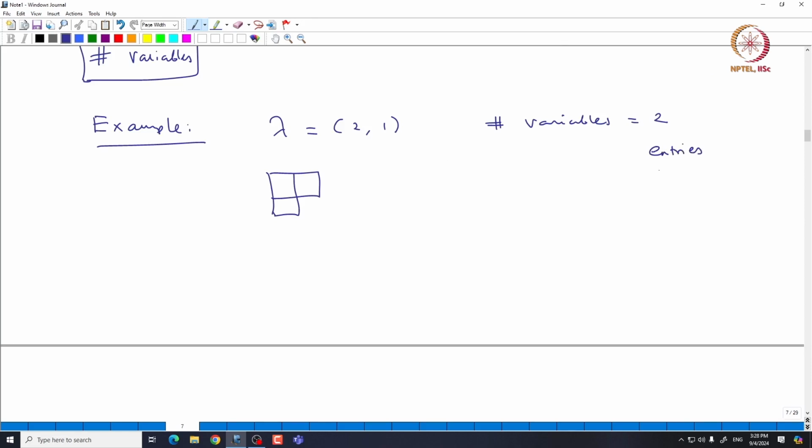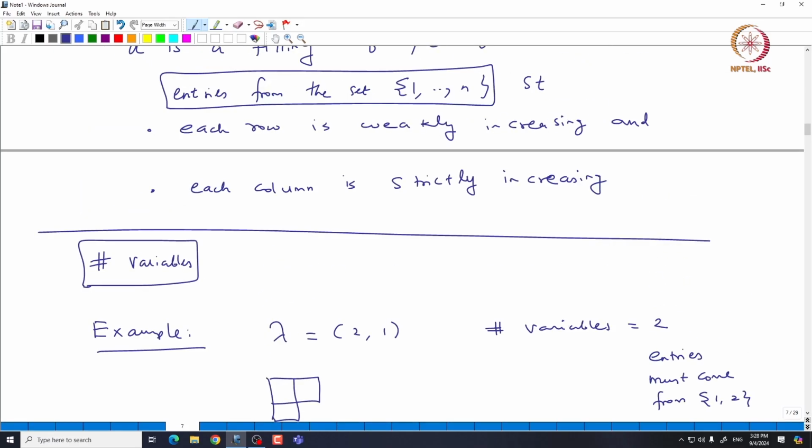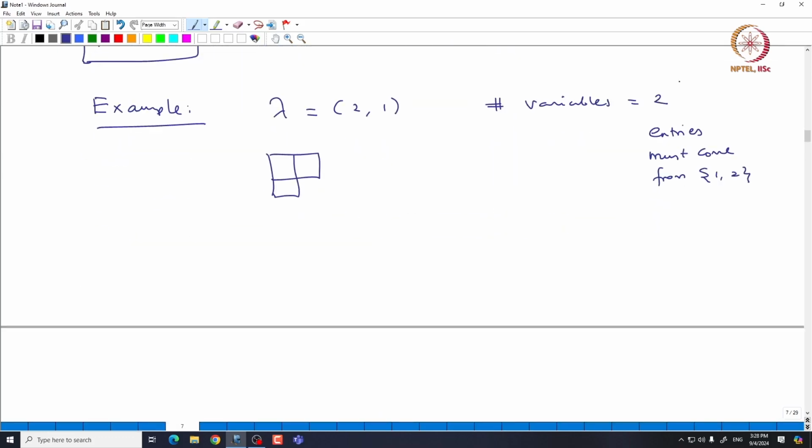So, the entries must come from 1 comma 2. Given this data, what is the condition? Entries in each row should be weakly increasing, and entries in each column must be strictly increasing.